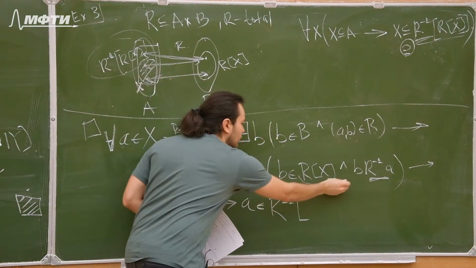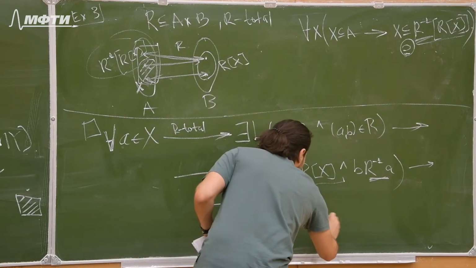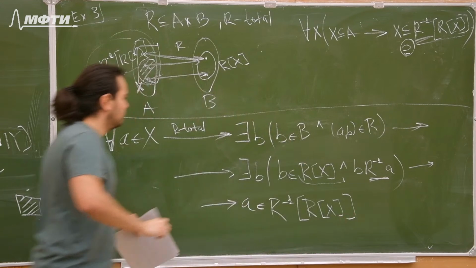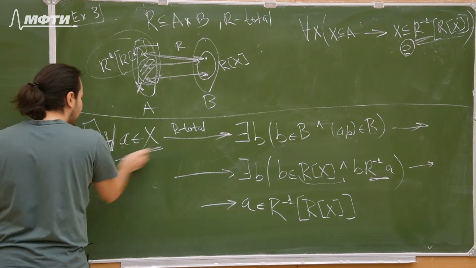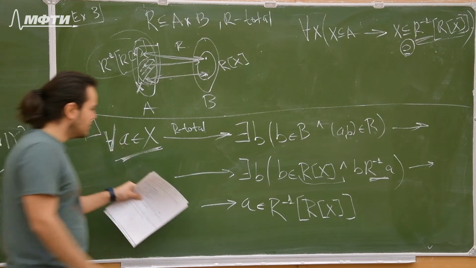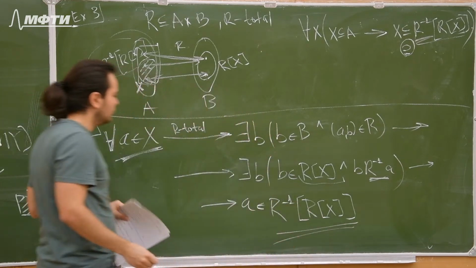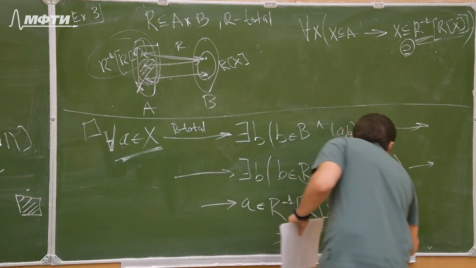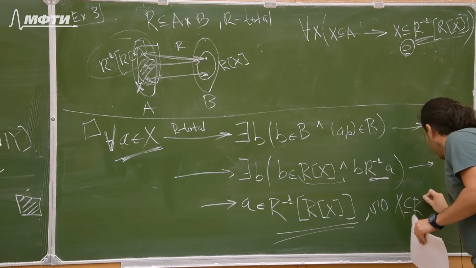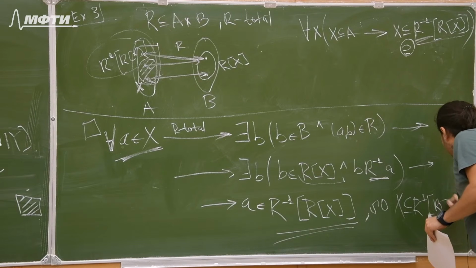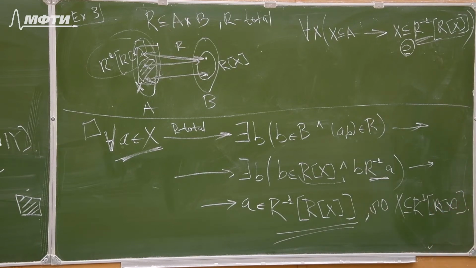Of this set, so of the image of X. So we obtain that every element in X is an element of this set as well. So X is a subset of R minus 1 of R of X. And it's proven. So we already proved this, okay?